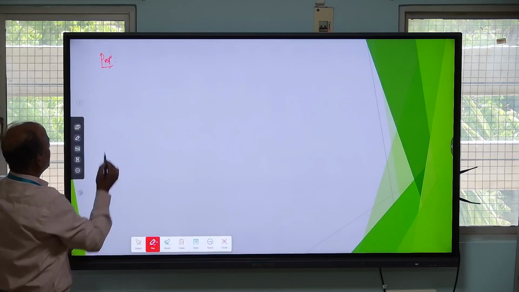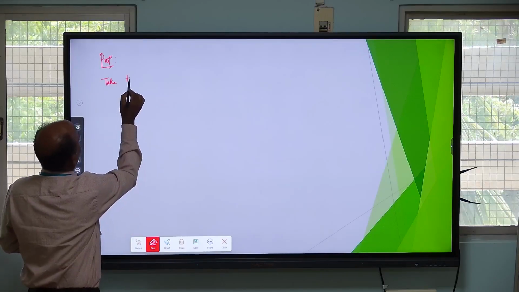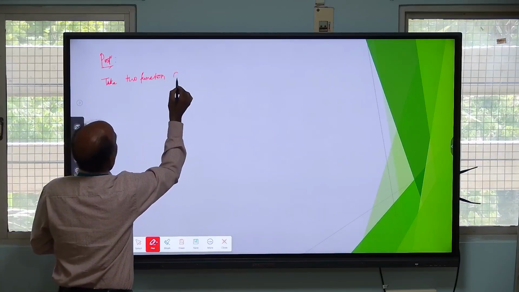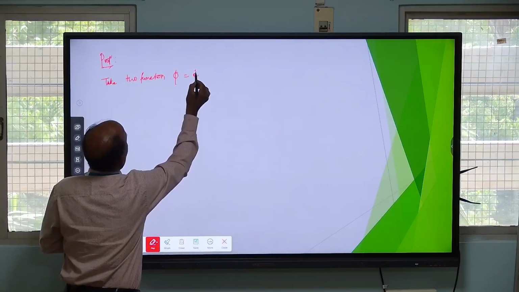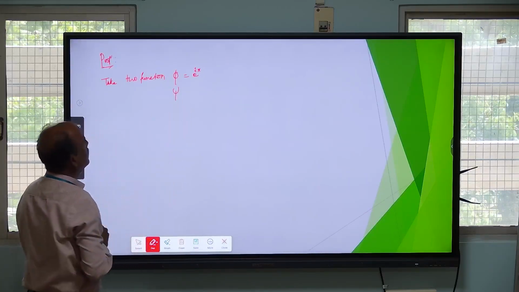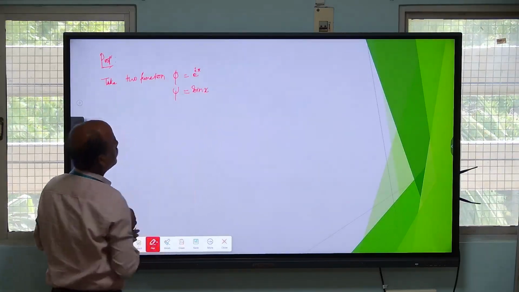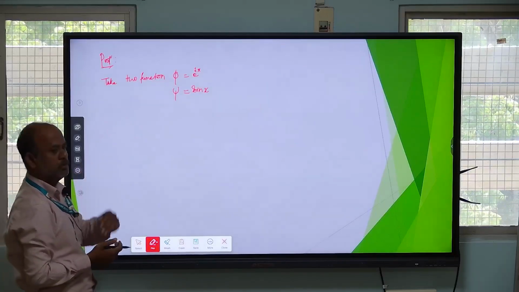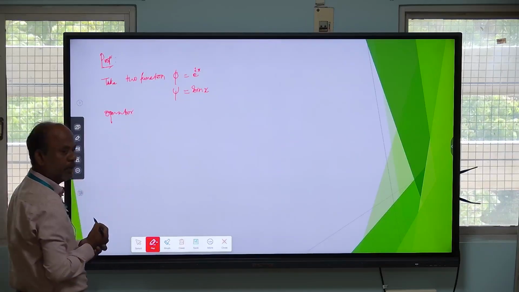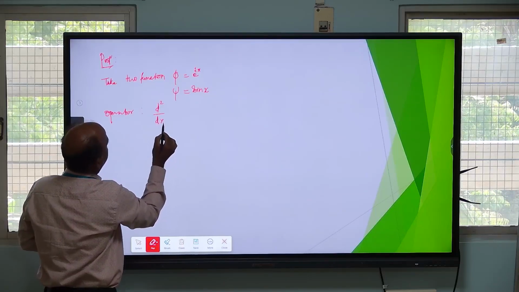When you prove that, you take two functions, where phi is equal to e power ix, and psi is equal to sin x, and the operator d square divided by dx square.